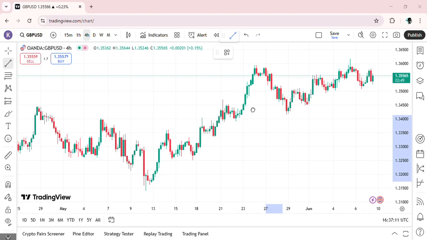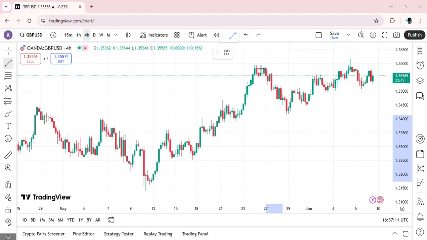That's why we are calling them the lower lows, right? If you check on this low, you can see this low is lower compared to the previous one. Same to this. This low is at a low point compared to the previous one. This one is at a low point compared to the previous one.